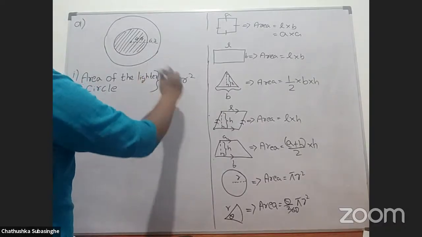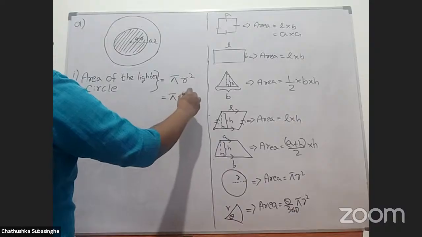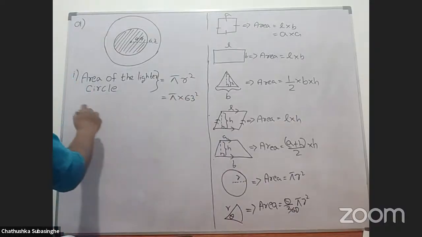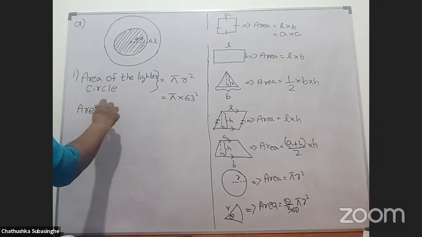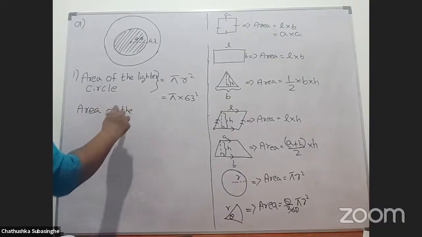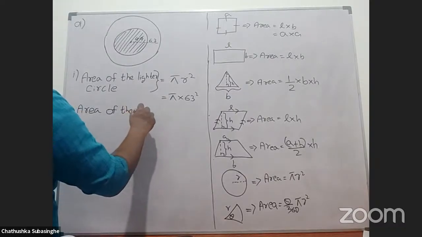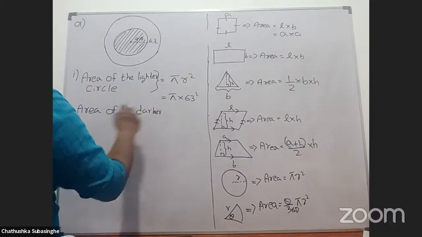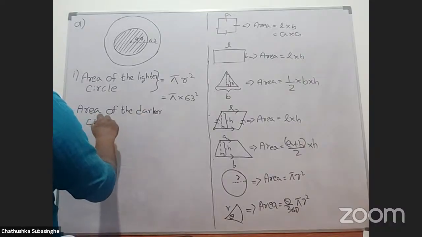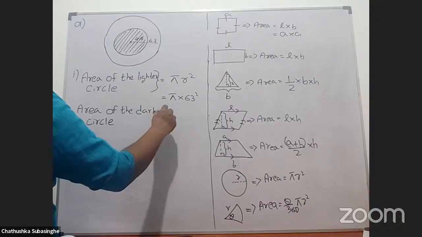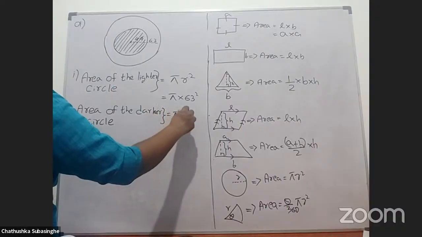So r is 63, so it is 63 squared. Then the area of the darker circle is equal to pi r squared.